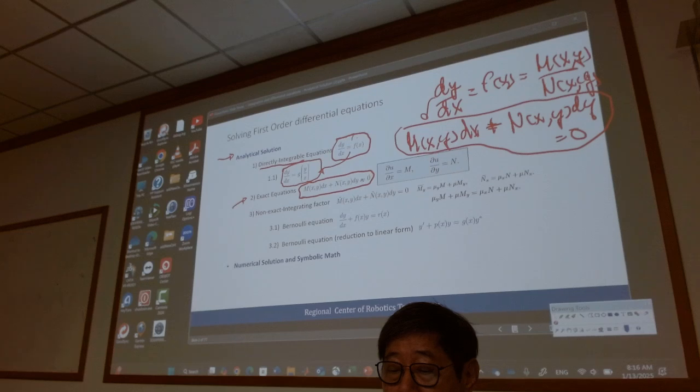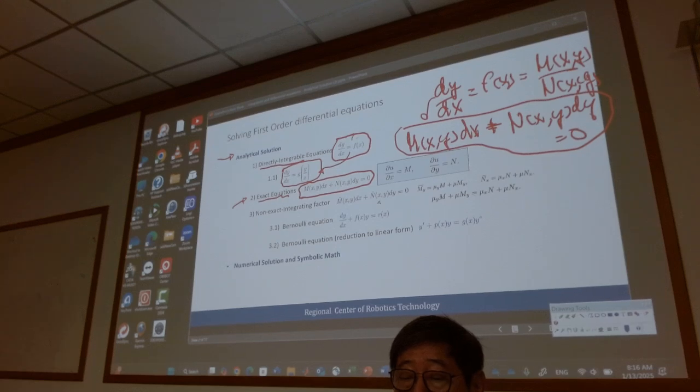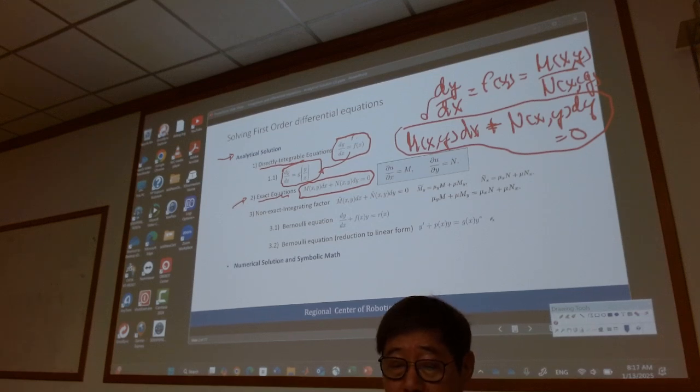I will give you an example. If it's not an exact equation, you have to find some function to make this form an exact equation. An example of non-exact is the Bernoulli equation.